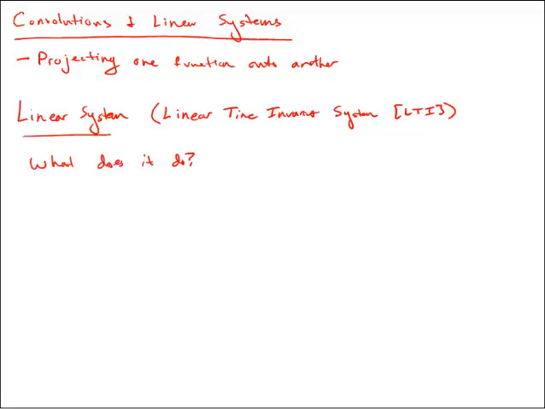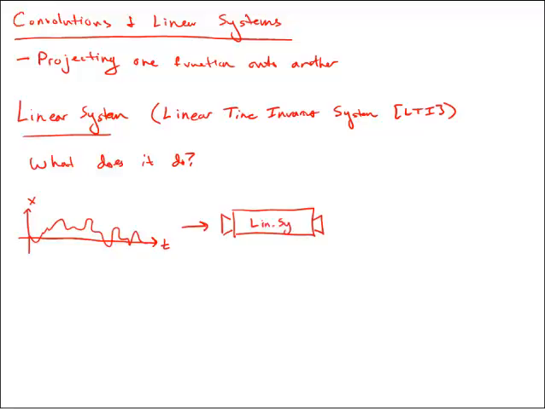Well, our input is some signal as a function of time. So t is our x-axis, and let's just say the input signal is x, and I don't know what it looks like, maybe something like that. So that's our input. This is a linear system.